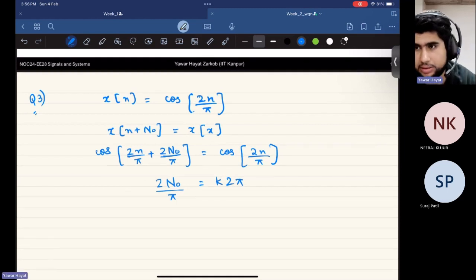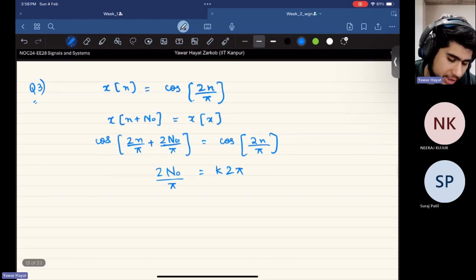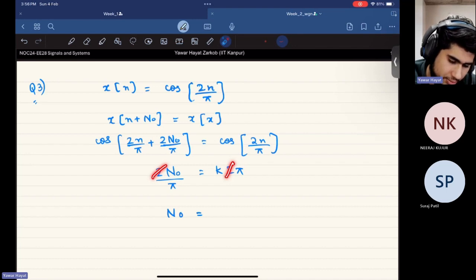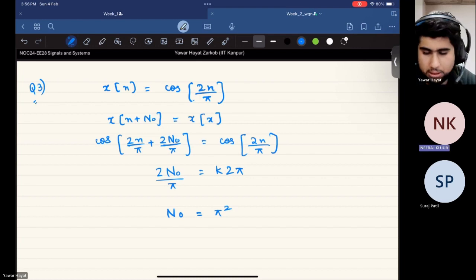So we'll take k equal to 1 with the intention of finding the fundamental period. This 2 and 2 goes, I'm taking k equal to 1. So n naught is pi square, right? Is pi square an integer? No, sir.